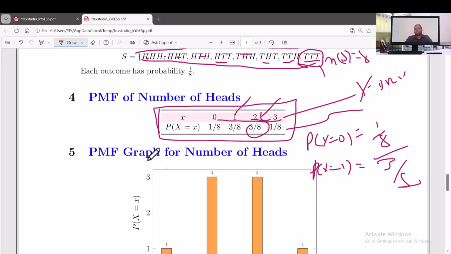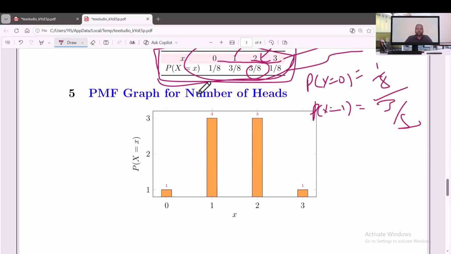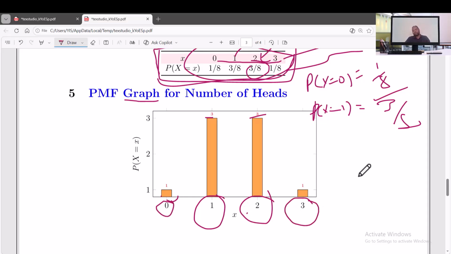So this is the probability distribution for the random variable x, which represents the number of heads in tossing a coin 3 times. The graph counterpart is given here, where the highest probability is at the possible values 1 and 2, whereas the least is at 0 heads and at the outcome with 3 heads.